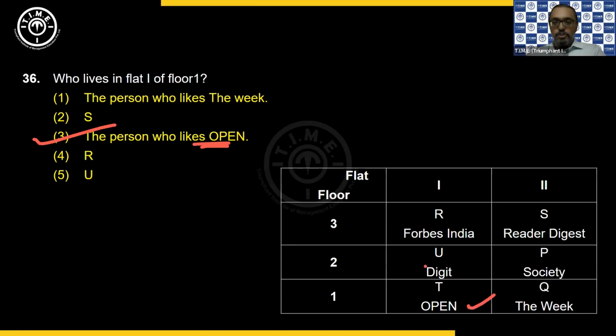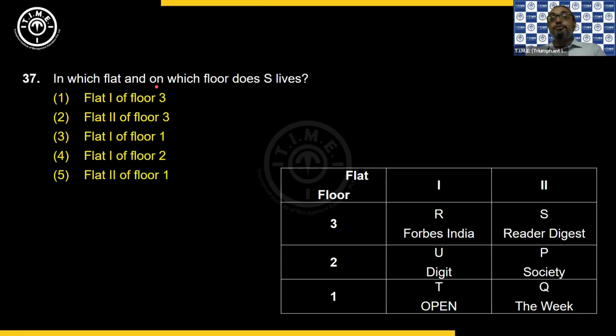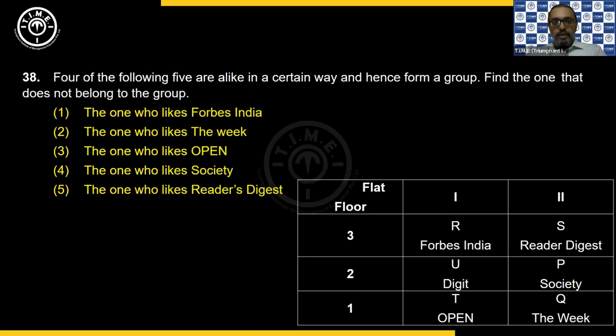So it is choice 3. Okay. Then in which flat and on which floor does S live? Which flat and which floor is S? Right. Option 2. That is correct. Flat 2 of floor 3. Yes, option 2. Very good. That is correct. Okay. Next.